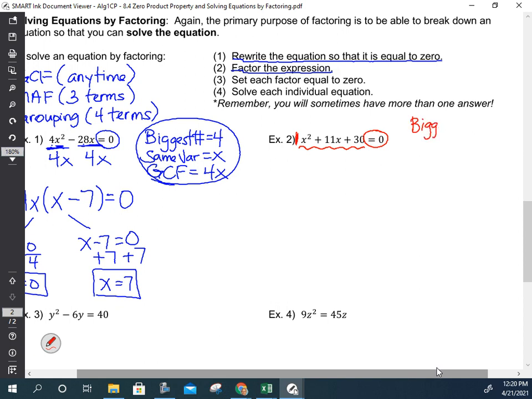Some people remember what I said: if any of those 3 numbers is a 1, your greatest common factor is 1. Can you take out a variable? No. What's missing it? 30 is missing it. So no variable. Your greatest common factor is 1. And since your greatest common factor is 1, you can go right to MAF.